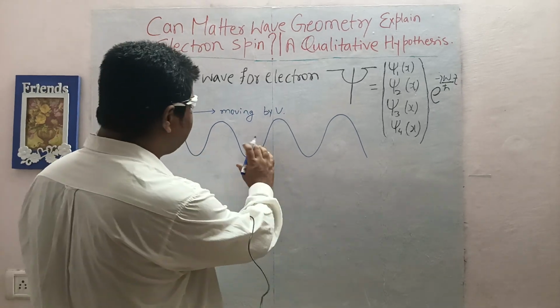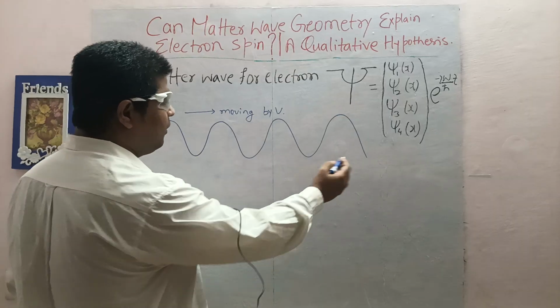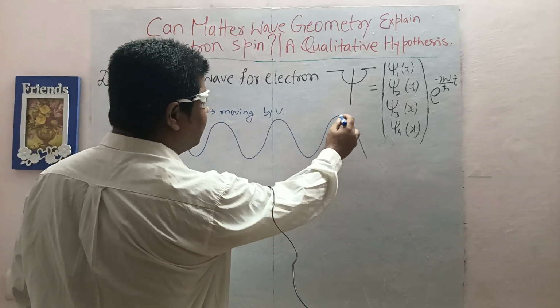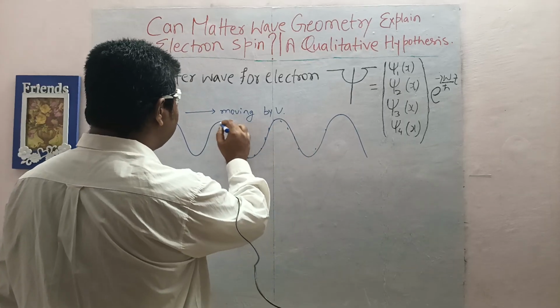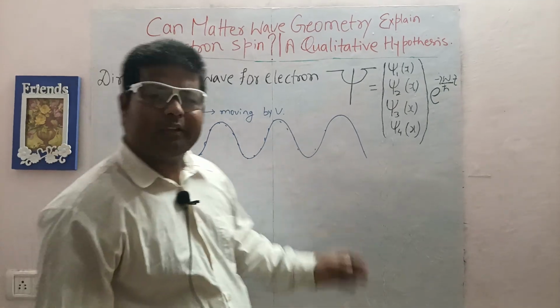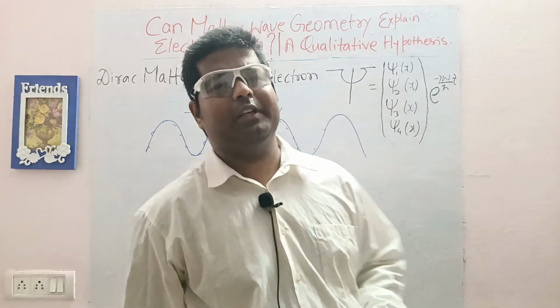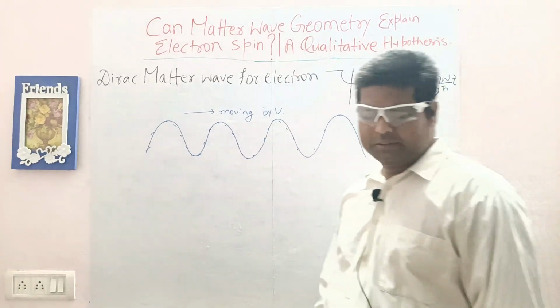See, it's moving with velocity v. And all the points in this wave are moving with the same velocity, and the frequency and wavelength of this wave are identical for everybody here.